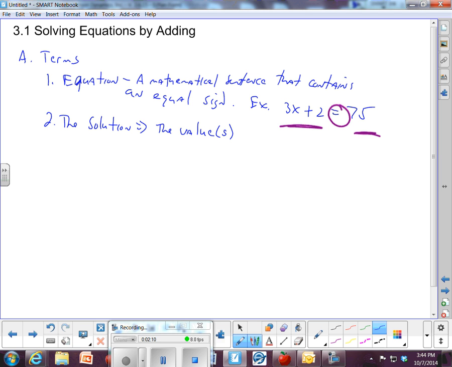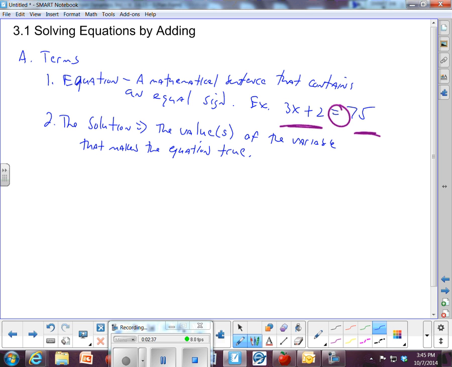So I'm going to put an apostrophe S. The value of the variable that makes the equation true.